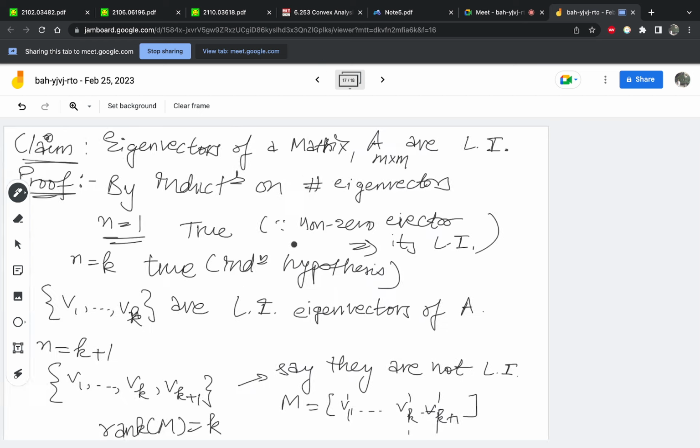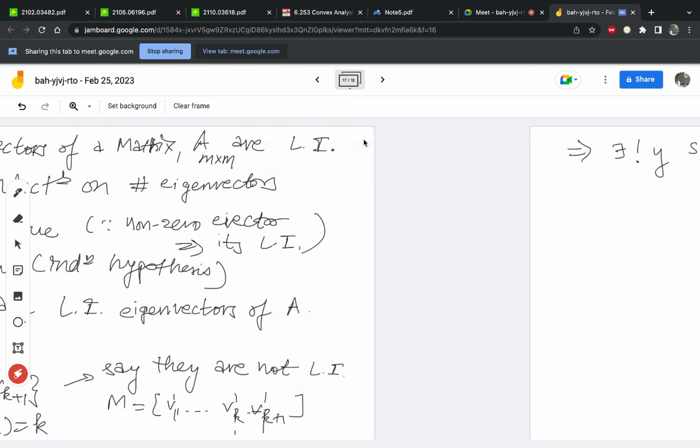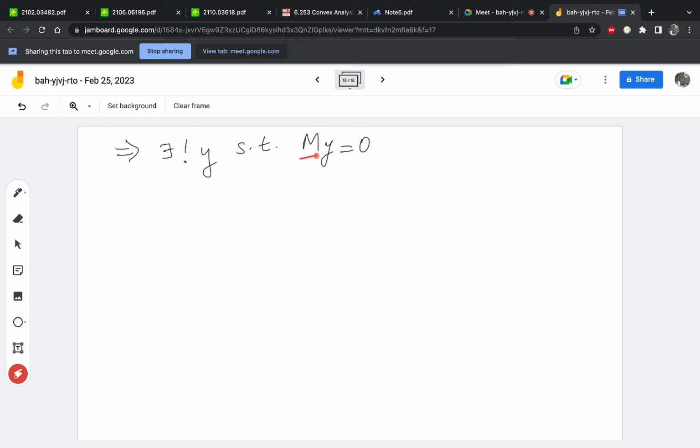Remember that we are talking about A. M is nothing but all the eigenvectors of this matrix A stacked here. So we want to use the property that these vi's are the eigenvectors of A. Let's do the obvious, which is multiply A on the left side. So we end up getting AMy is 0, and the right hand side is 0 vector, so that doesn't matter.